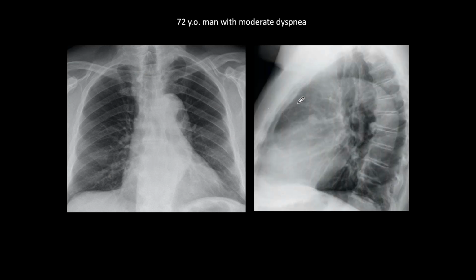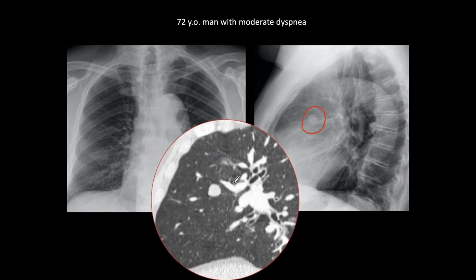However, what we see in the lateral view is a nodule, very clearly seen in the anterior clear space superimposed over the aorta. It has to be studied. It was studied with the CT, of course. A sagittal view of the CT confirms the nodule. It has an indeterminate appearance, but unfortunately it happens to be a carcinoma of the lung.